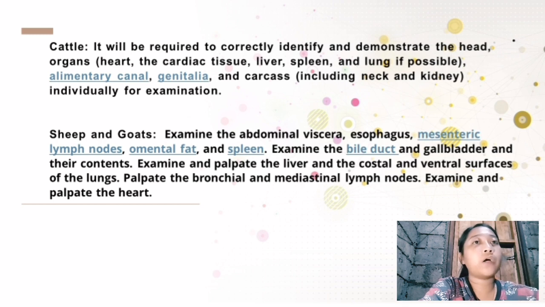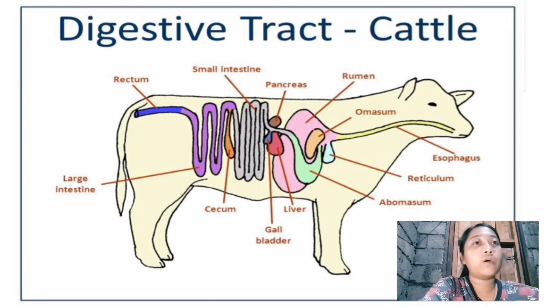So when we click the alimentary canal, this will be the alimentary canal of the cattle. Alimentary canal is the extending tube from the anterior part of the animal to the posterior part of the animal, which is the anus.